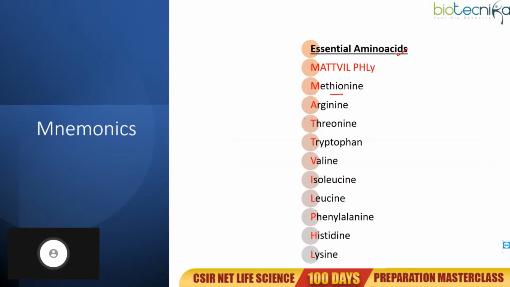Like this, you can easily remember around 10 amino acids over here with just one word. So you can use them in mnemonics. You will get it for different topics. Usually, you can get it online, or you can even prepare your own mnemonics. It is always better when you prepare your own mnemonics, because that will help you to remember better.